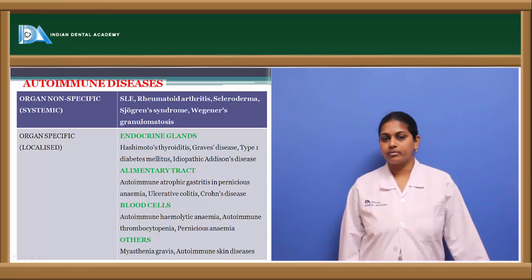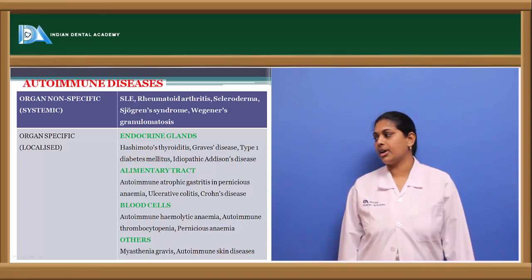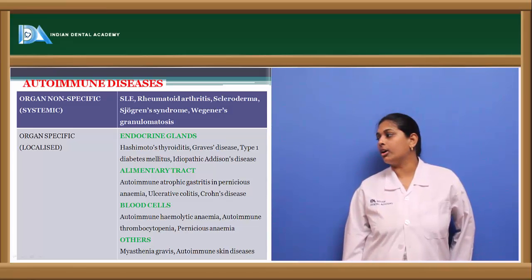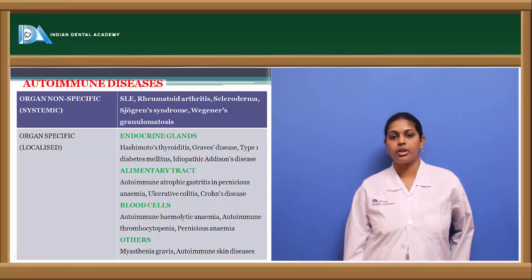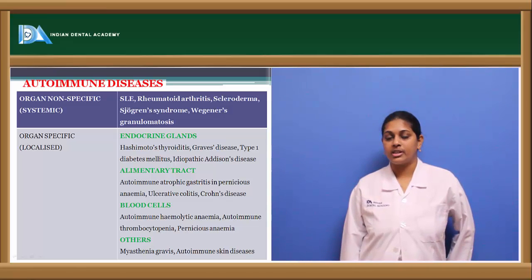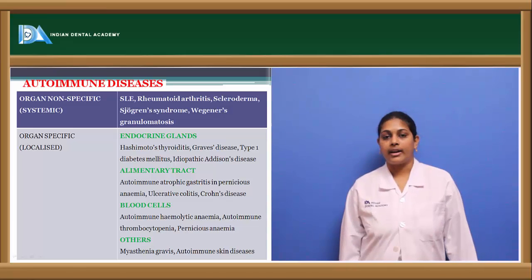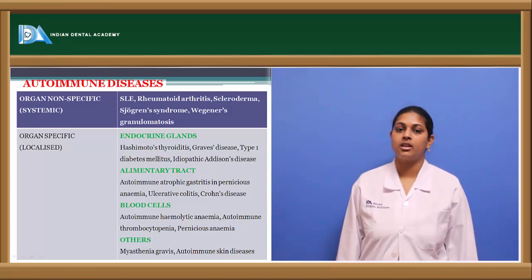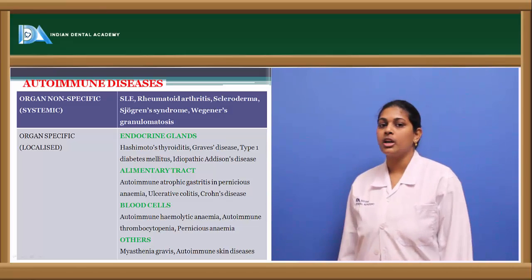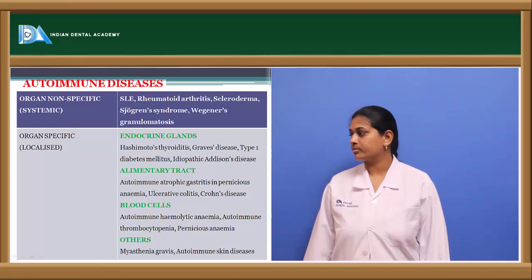For the blood cells, the autoimmune disorders include autoimmune hemolytic anemia, autoimmune thrombocytopenia, and pernicious anemia. Coming to the others, which are not specific to a particular organ but attack only specific tissues, there is myasthenia gravis, which affects the muscle tissue, and autoimmune skin diseases, which are dermatological disorders.